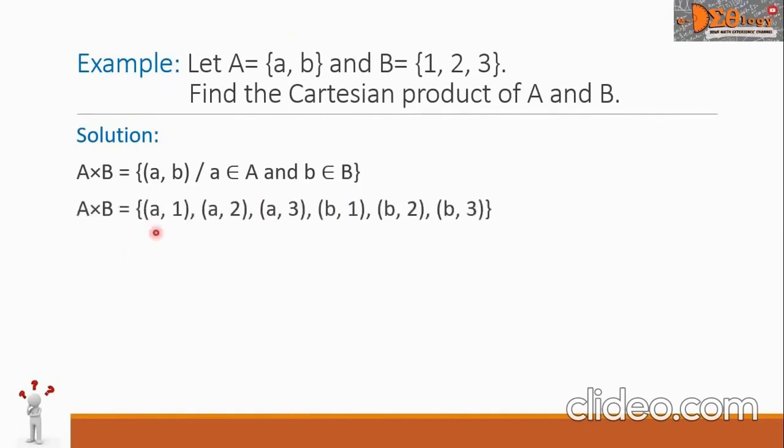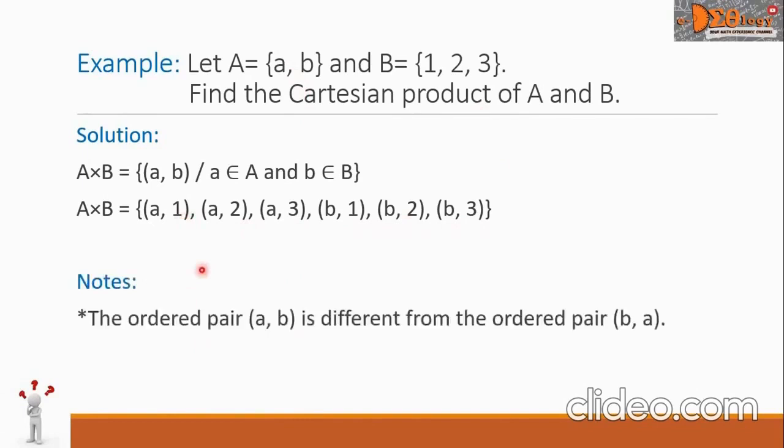The first element is (a,1), second is (a,2), third is (a,3), fourth is (b,1), fifth is (b,2), the last is (b,3). So we take the first element from set A and the second element coming from set B.